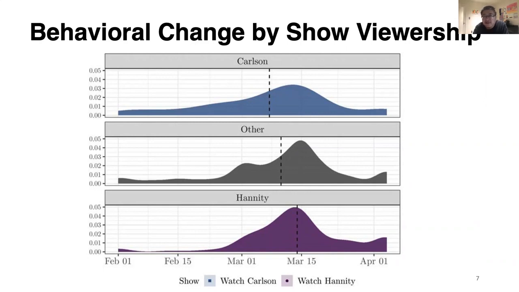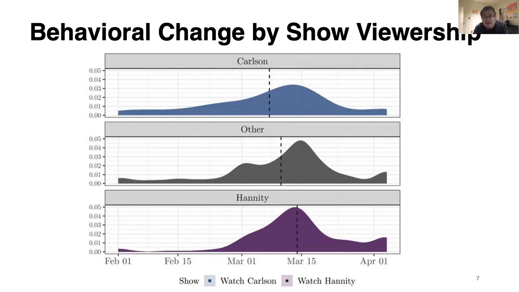The authors of this study conducted a survey, and for respondents who report that they have not changed any of their behavior by the date of the survey, they impute the date of the survey. The dashed line indicates the mean date of behavior change among the viewers of each show.